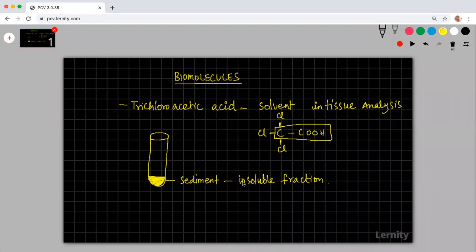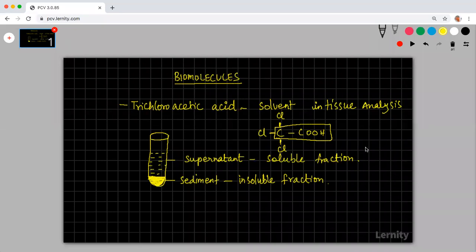So you have the insoluble fraction, which is the sediment, and you also have the soluble fraction. The one which is above will be called the supernatant. The supernatant is the soluble fraction. So what you will understand is this will contain some substances which are soluble.